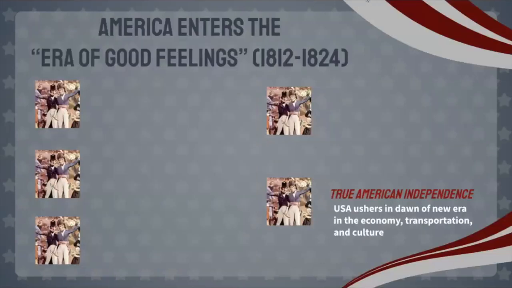But anyways, I'm going to break down the era of good feelings into a few categories, and the last point that I raise is the one that I think is the most significant and the one you're most likely to get on the APUSH exam, which is that it ushers in this spirit of true American independence.